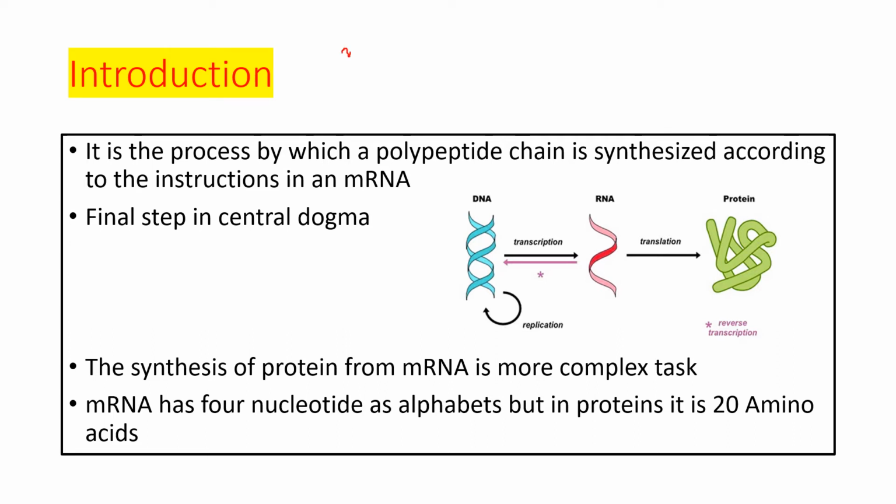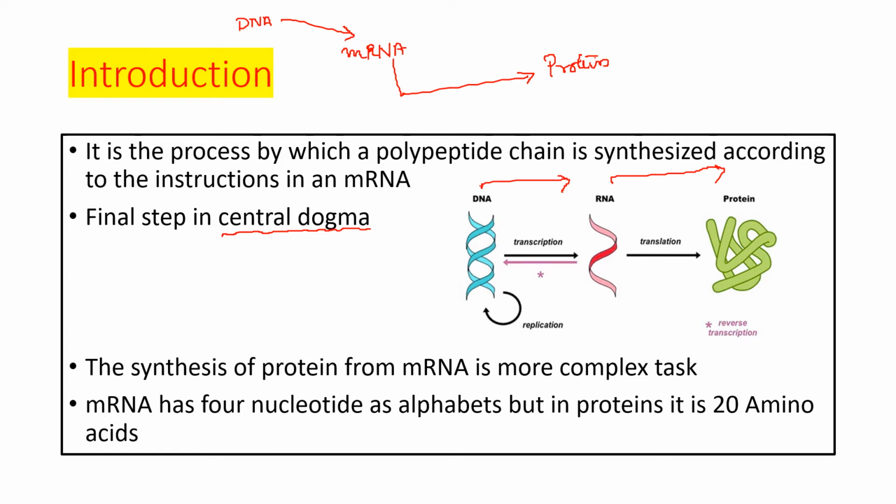So DNA synthesizes an mRNA, and from the mRNA, a protein is synthesized. This whole process of synthesizing RNA from DNA, then a protein from RNA, is known as the central dogma, and we have been learning it from our childhood.